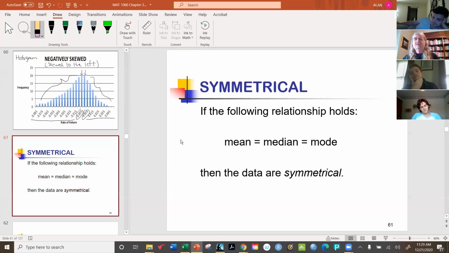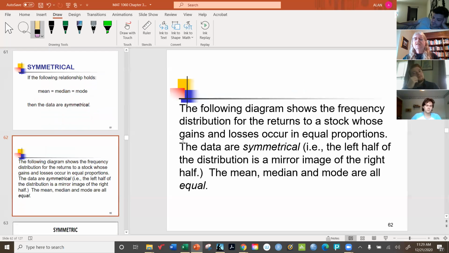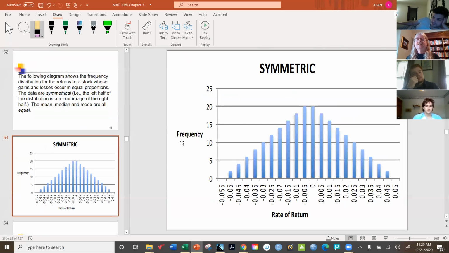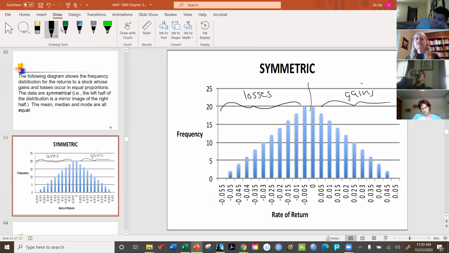What does this thing look like? Well, look at that. You see how the losses are balanced off by the gains. And in fact, you could say that if you drew a line down the middle here, the right and the left-hand sides are mirror images of each other.